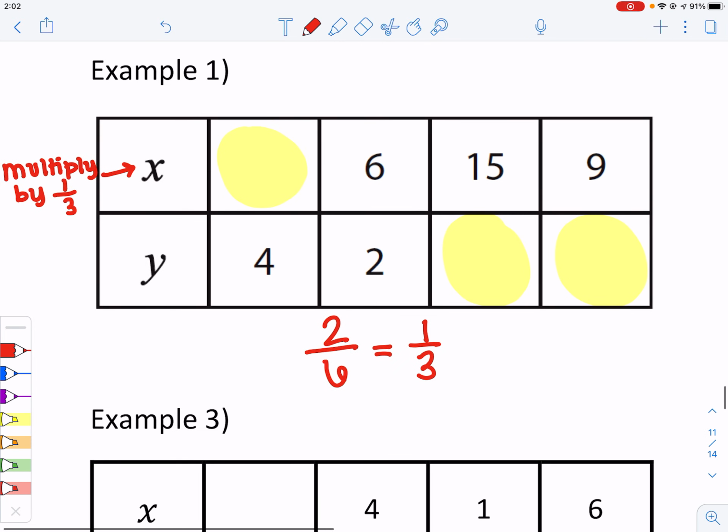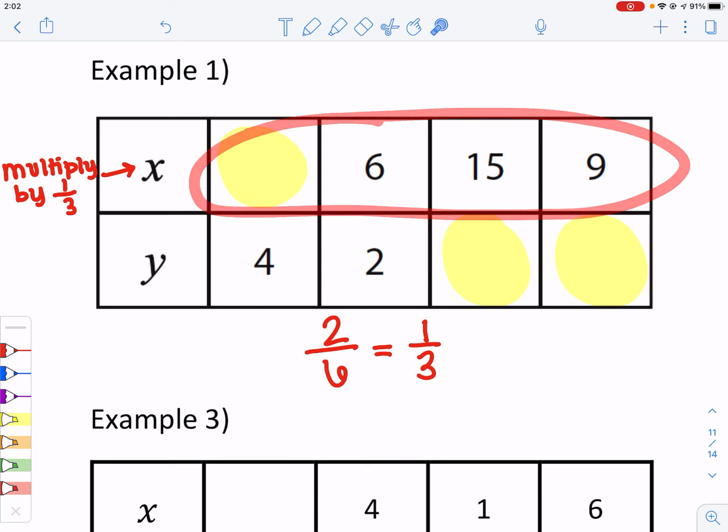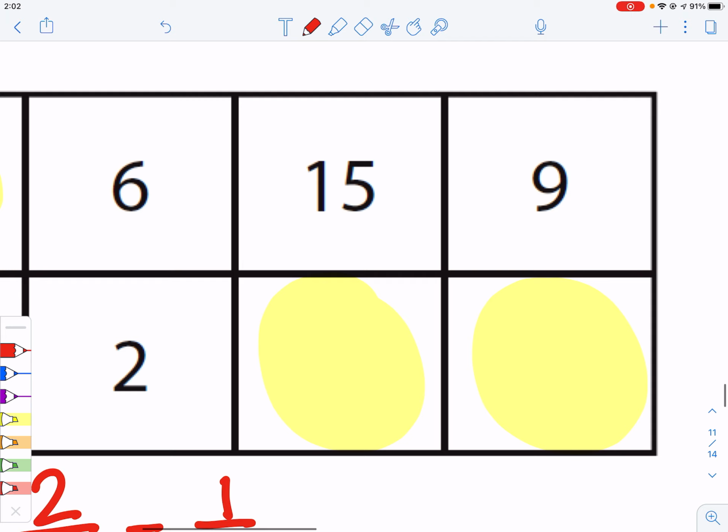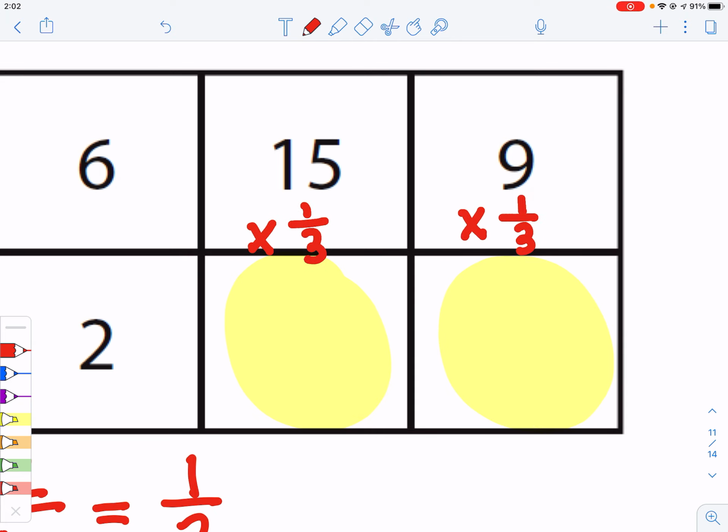But again, all this means is when you look at your x value, you should be able to take your x value, multiply it by 1/3, and it'll tell you what your y value is. So for example, if my x value is 15, I'm going to do 15 times 1/3. And I'm also going to do 9 times 1/3, and that will give me those two missing values right there.